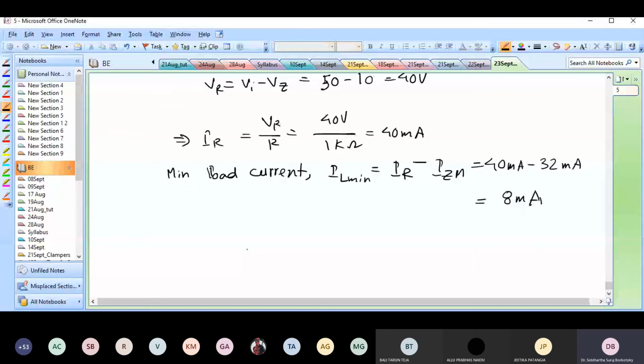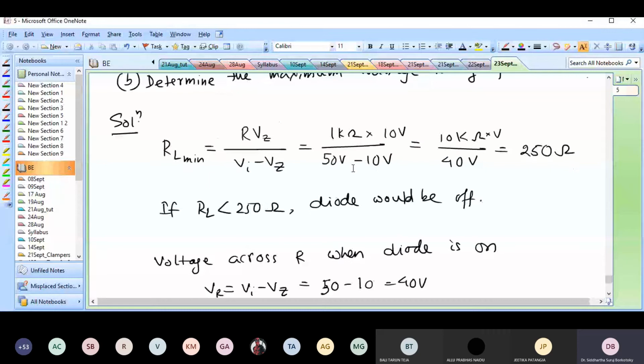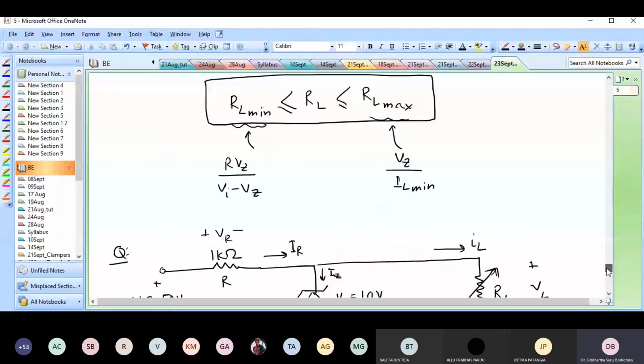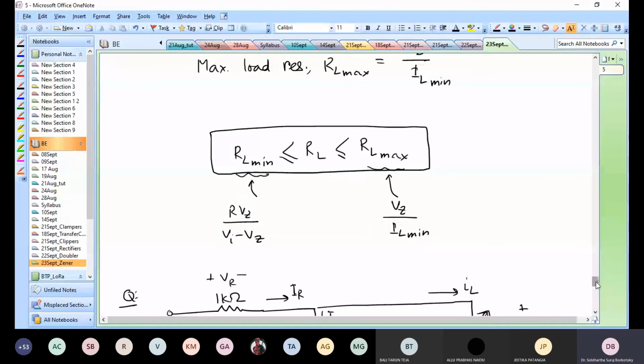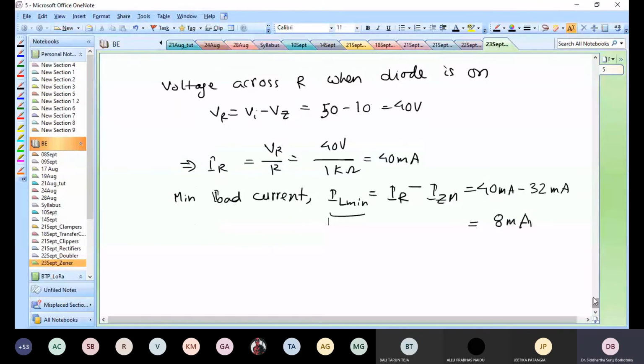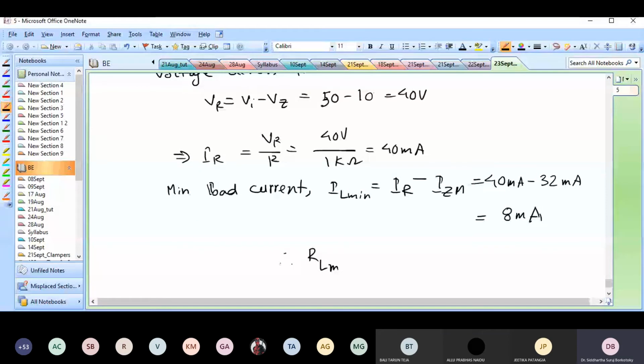But why did we find IL min? We found IL min because I want to find out the maximum value of the load I want to use. So this maximum value of the load, RL max, is VZ by IL minimum.